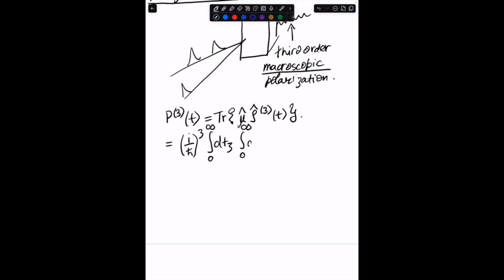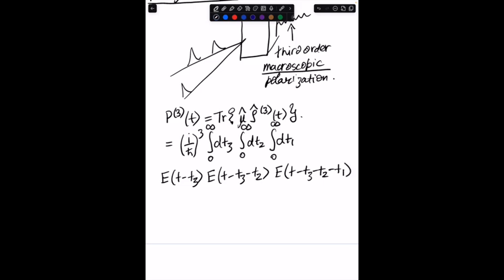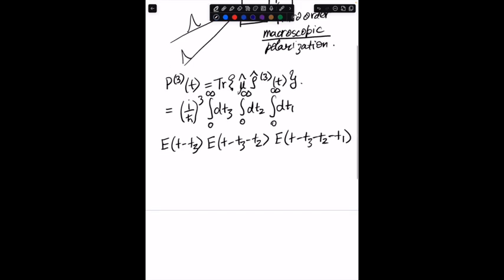So you have a triple integral over the three delays T1, T2, and T3. You have three electric fields, which are scalar electric fields here. Just a reminder, we have ignored the vectorial component of the electric fields and the transition dipole operators as of now.